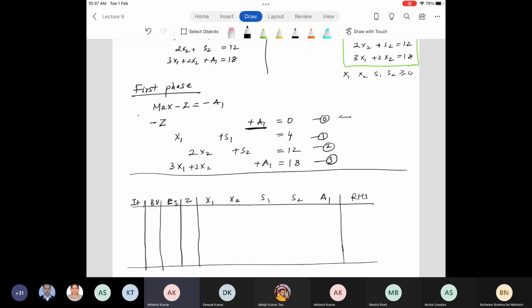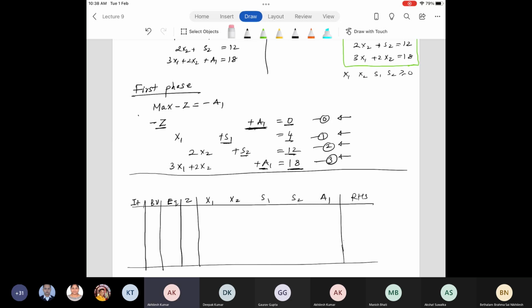Each of these equations is uniquely finding a value. So this equation finds the value of this, this equation finds the value of this, and this equation finds the value of this. But if there are two basic variables in the same equation, you cannot uniquely find them, right?